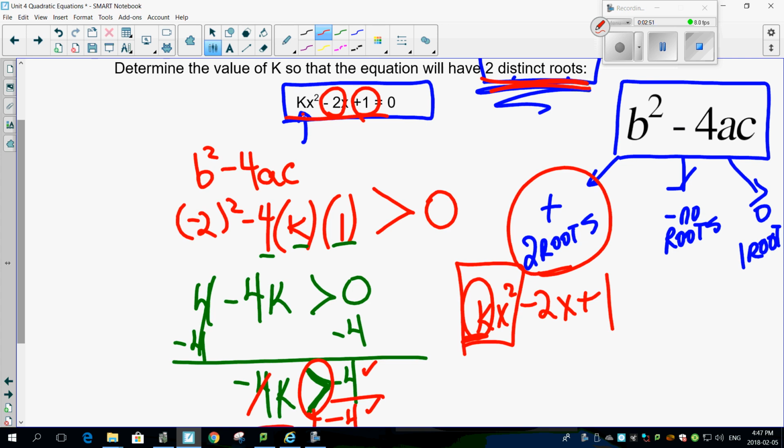So another stipulation you have to put in here is that k cannot equal 0. So this could be, let's say, a half, a quarter, or smaller than 0, negative 1, negative 2, negative 5. All of those will give you 2 distinct roots. That's what this question is all about.